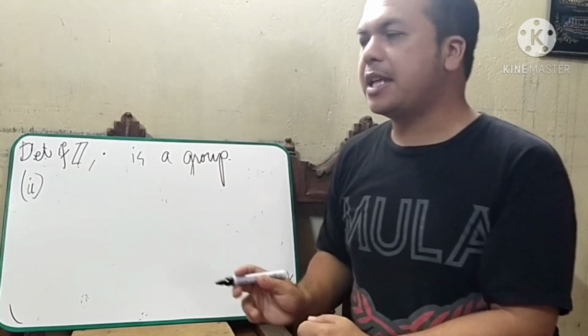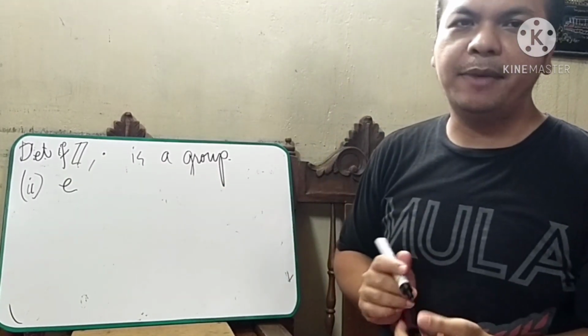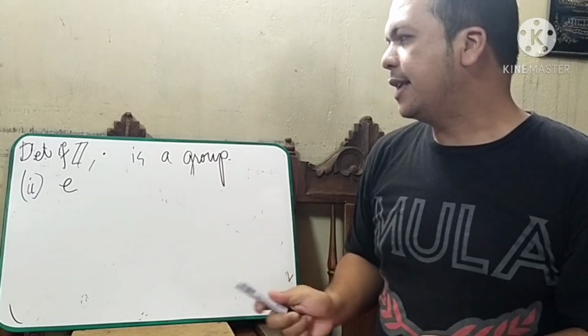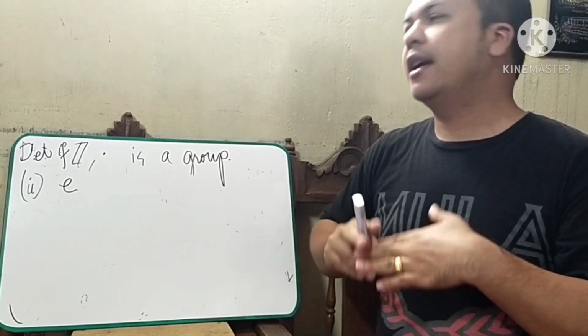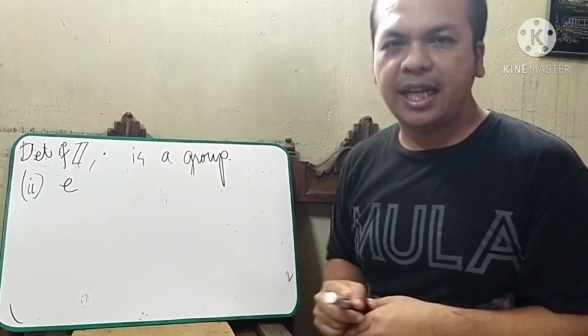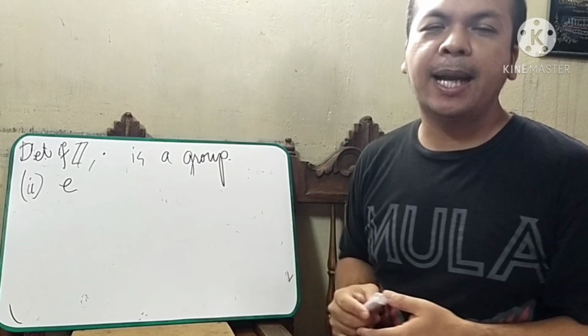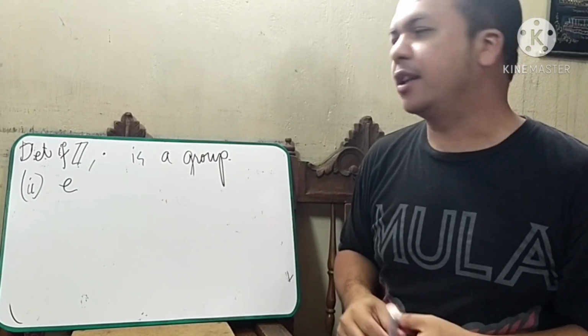And the second property is existence of an identity element E. Nag-exist ba yung identity element in the set of integers with respect to our binary operation multiplication?